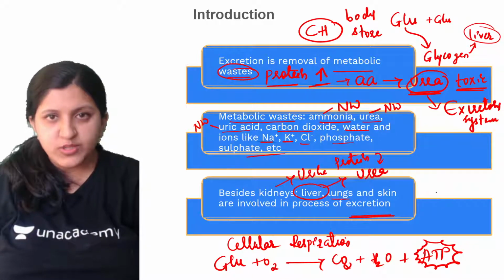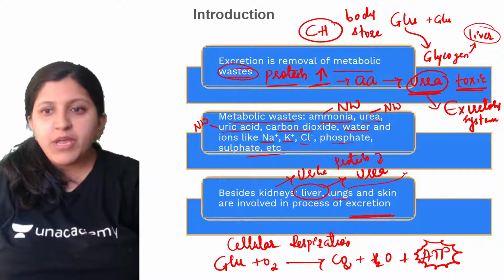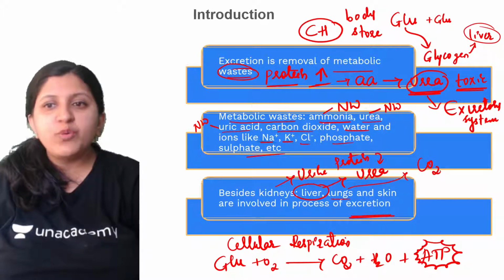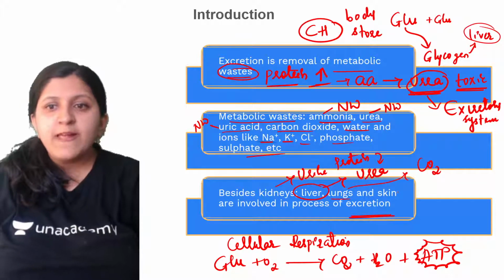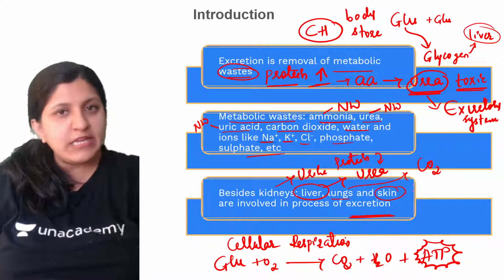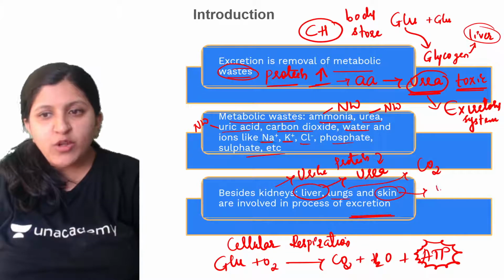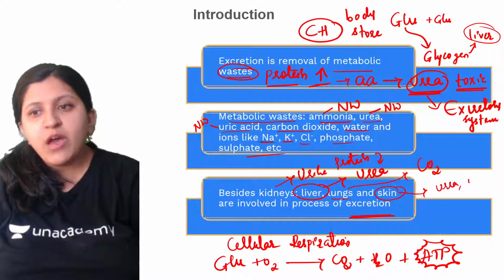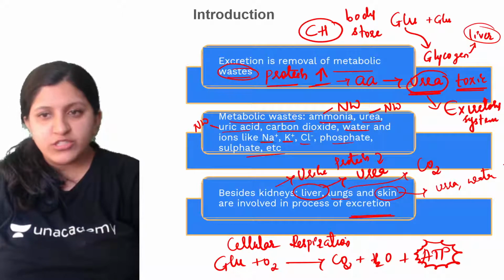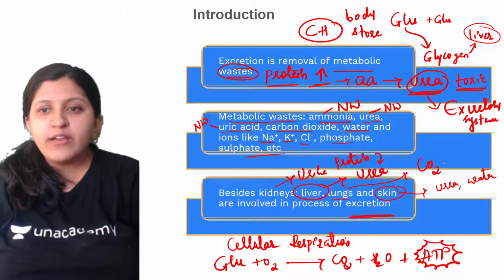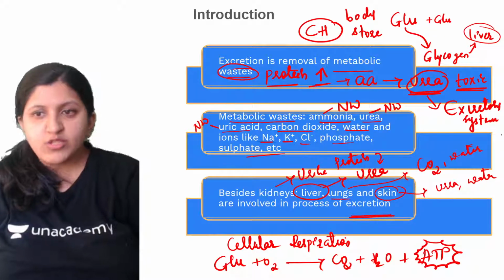Then there are the lungs. The lungs get rid of the waste carbon dioxide. Through the skin, it is mainly sweat formation, and in the sweat some amount of urea and water is lost. In the case of lungs also, some amount of water is lost.